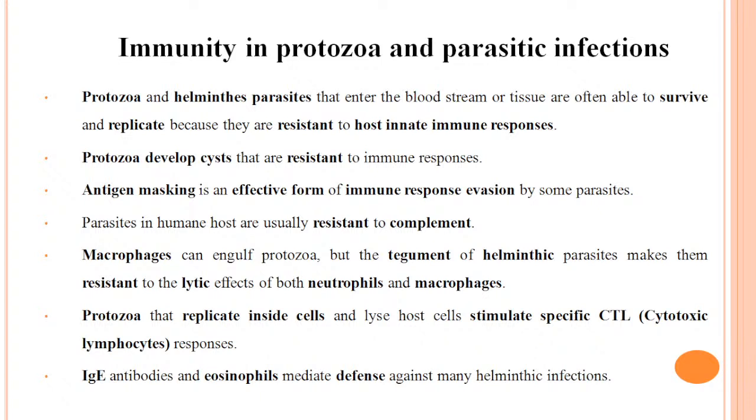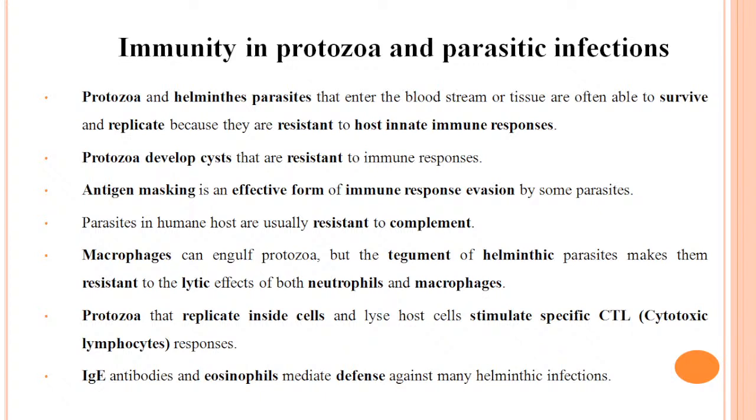Antigen masking is an effective form of immune response evasion by some parasites. Parasites in human hosts are usually resistant to complement. Macrophages can engulf protozoa, but the tegument, the outer layer of helminthic parasites, makes them resistant to the lytic effects of both neutrophils and macrophages.